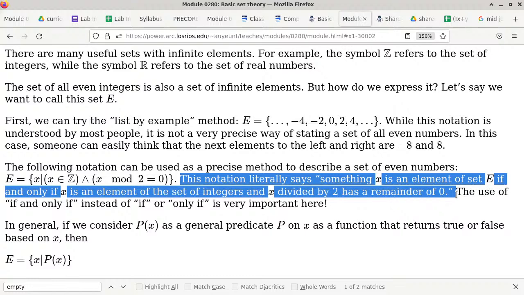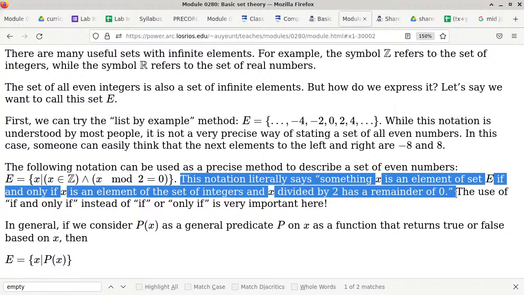Okay, let's just say that instead of using if and only if, it's saying just if. So if you use if, that means whatever is right after if is a sufficient condition for whatever is before the if. Let me say that one more time.